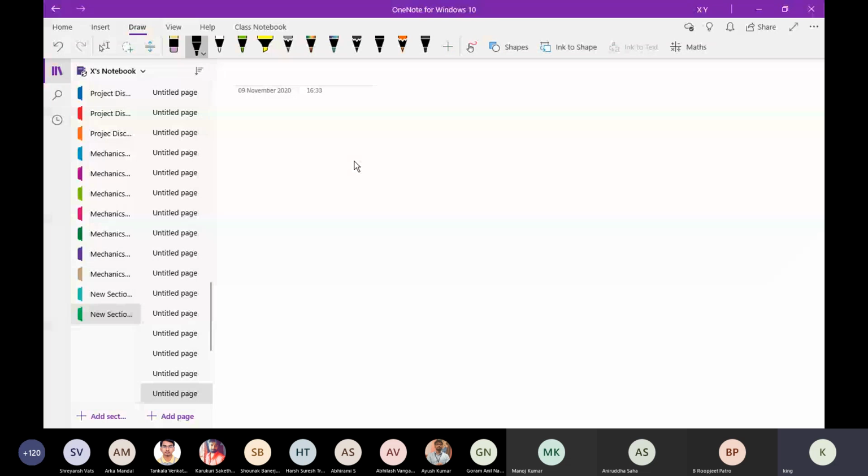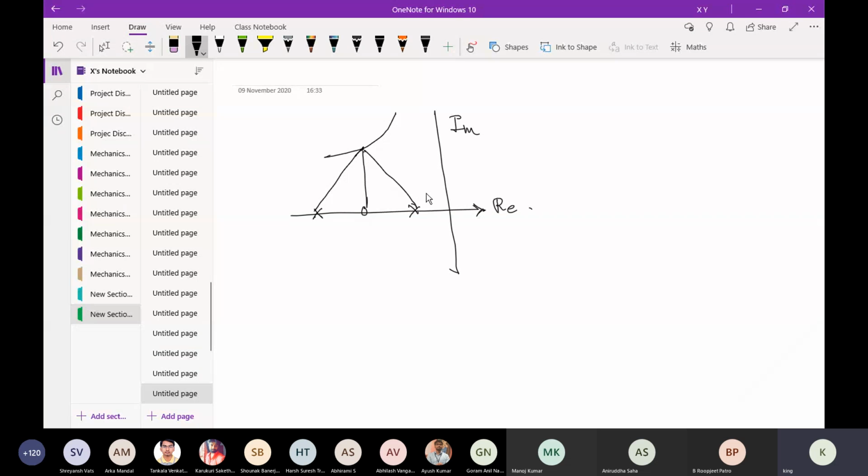Let us say this is my imaginary axis, this is my real axis, I have some poles, zeros, poles out here, and this is my root locus. And this is a point on the root locus.